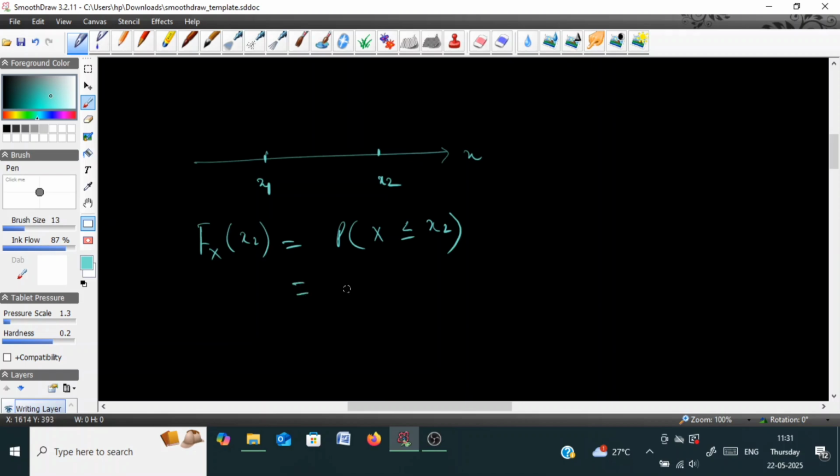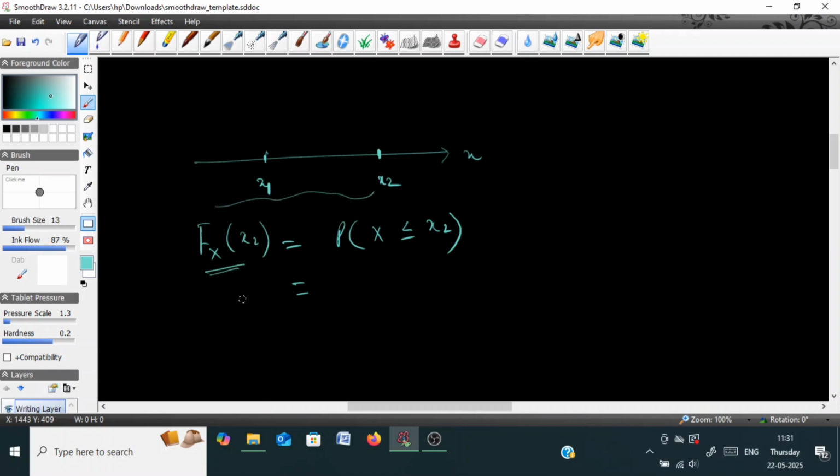Suppose this is x, the random variable values. If I take two points, x1 and x2, the CDF at x2 is the probability of X less than or equal to x2, that is, all the values of the random variable equal to or less than x2.